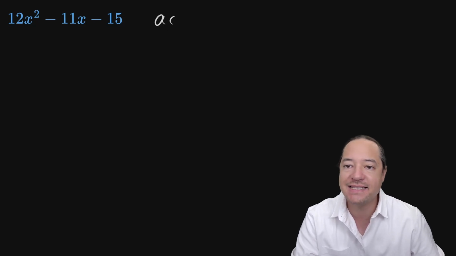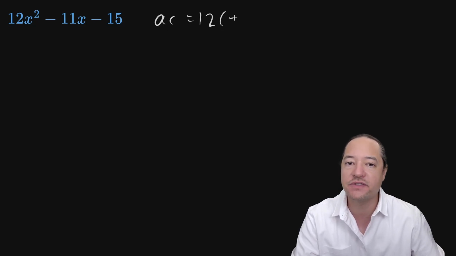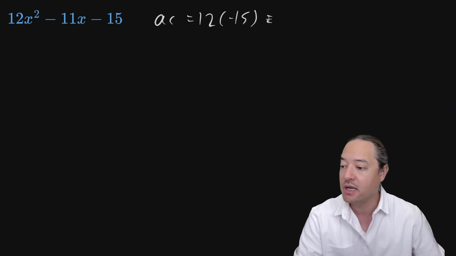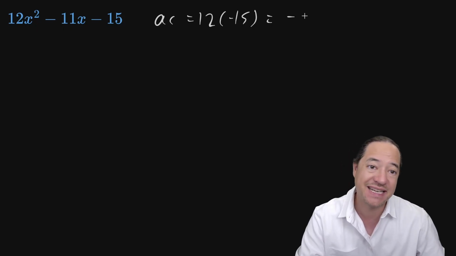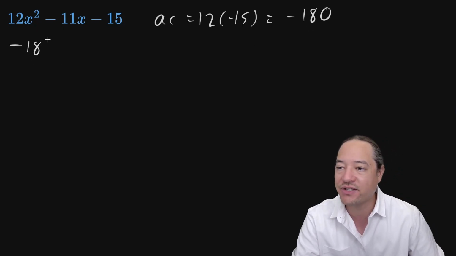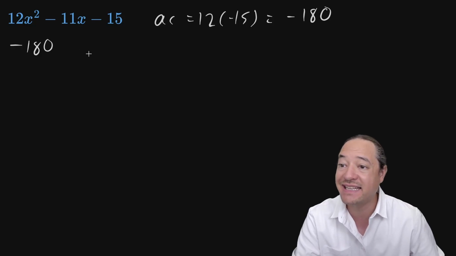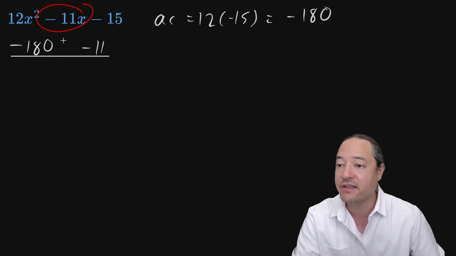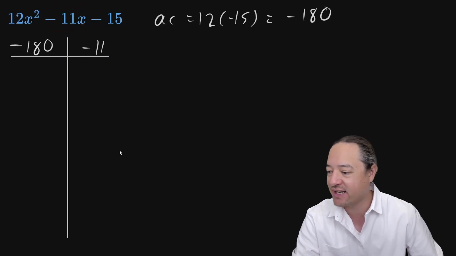So here AC will equal 12 times negative 15. 12 times negative 15 is going to give us a negative 180. So we want the factors of negative 180 that give us a negative 11, right? That's what they need to add up to. All right, I think we're going to get a lot of factors for negative 180.